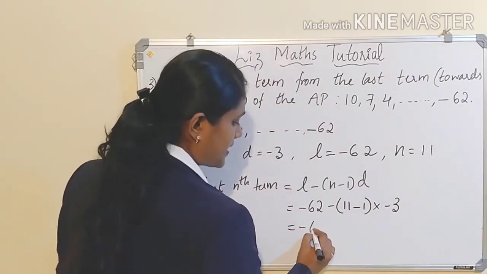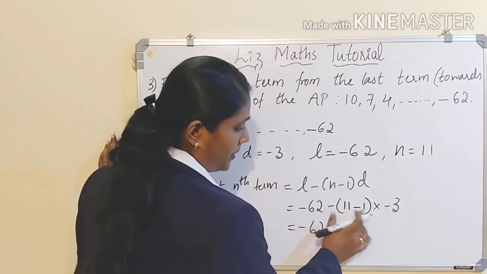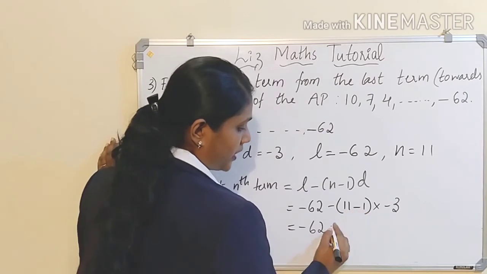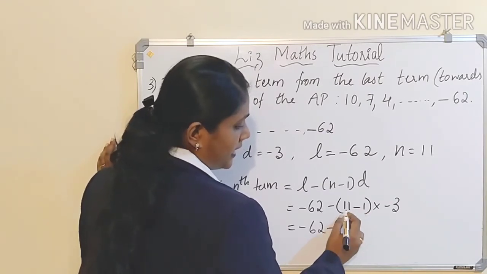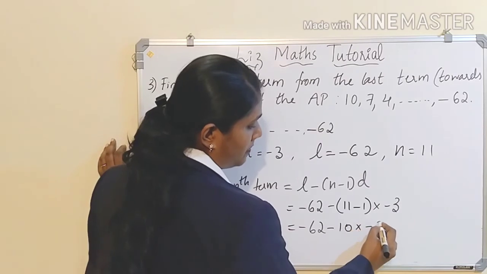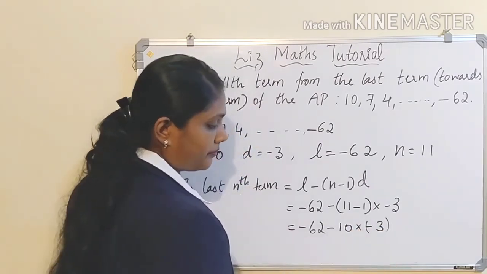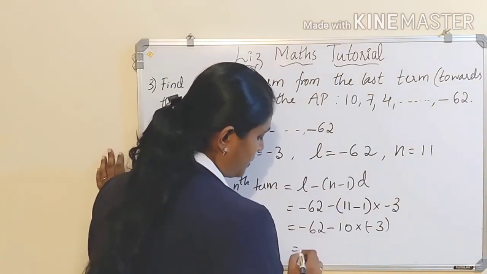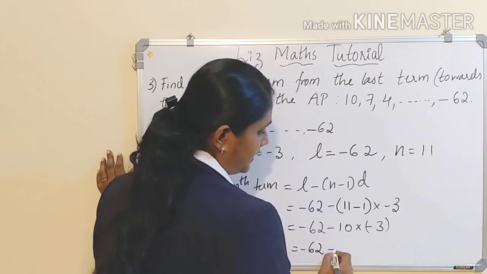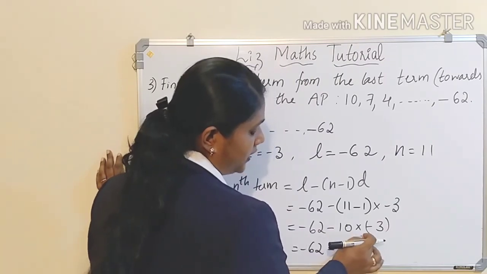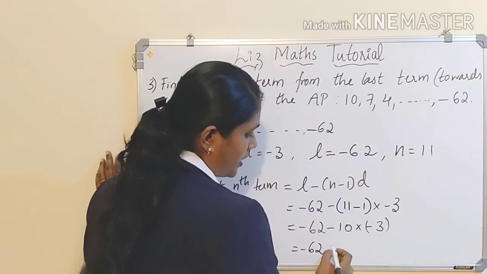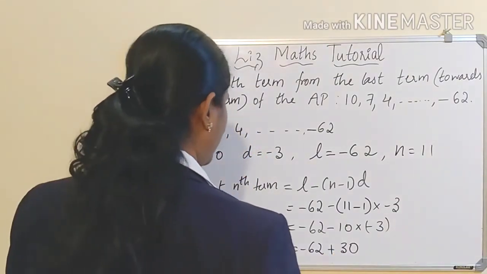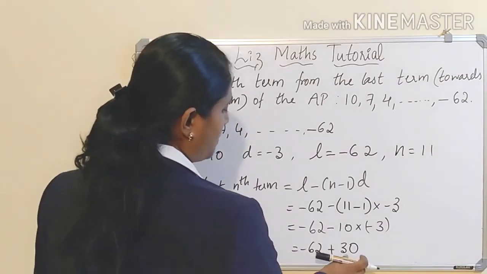So here minus 62. Open the bracket here, minus (11 minus 1), you will get 10. So open the bracket, you will get here 10 into minus 3. So now go for which is first, multiplication is first. So minus 62 minus 10 into minus 3, minus into minus, you get plus 30. Isn't it? Now go for this subtraction here, minus 62 plus 30.